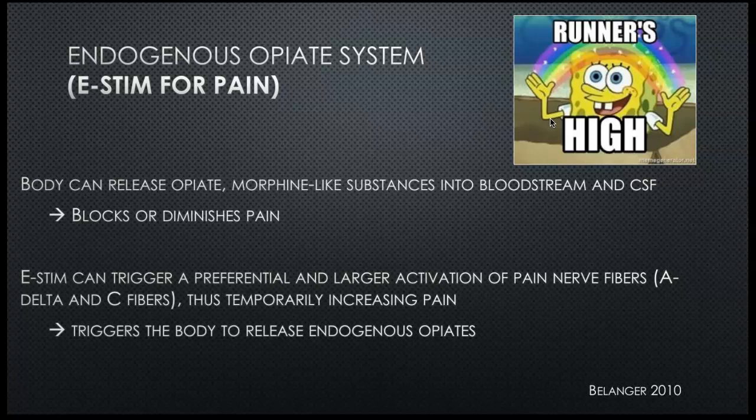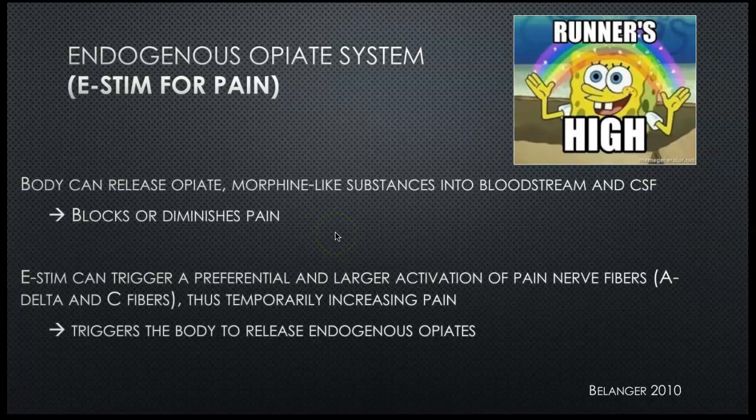There's also another way to explain it: if you've ever had a runner's high. A runner's high is when you're running down the road, you hit your stride, and you feel like you could run forever. Your body starts releasing these opiates and morphine-like substances, and you don't feel any pain and you just feel good.